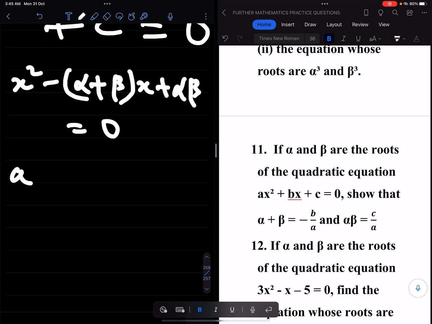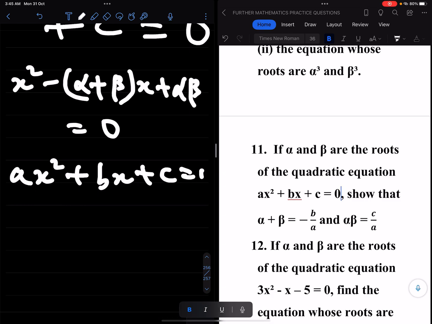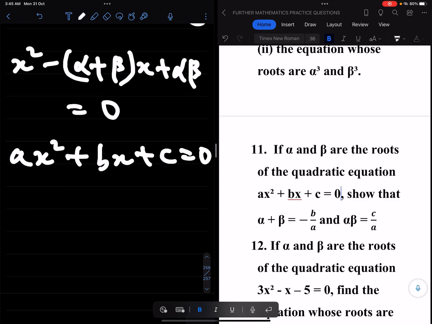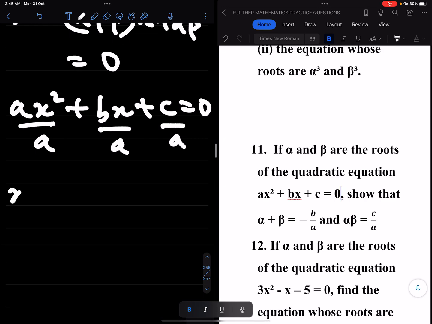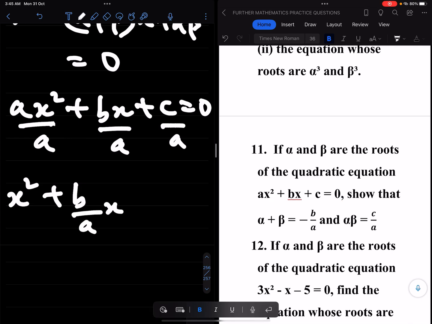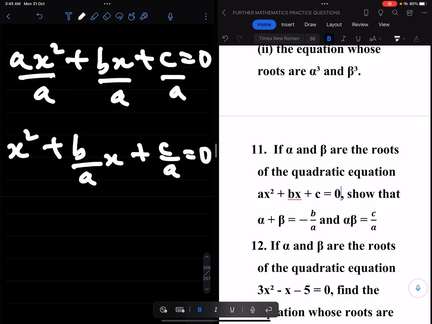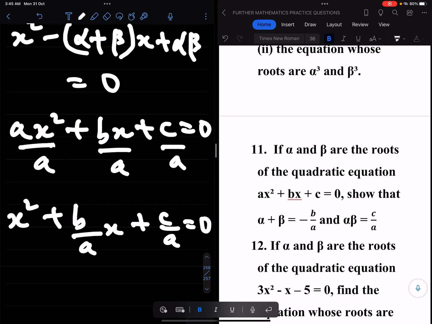So in the given general form, ax squared plus bx plus c equals 0, if I divide through by a, 0 divided by a is 0, so x squared plus b over a x plus c over a will be equal to 0.